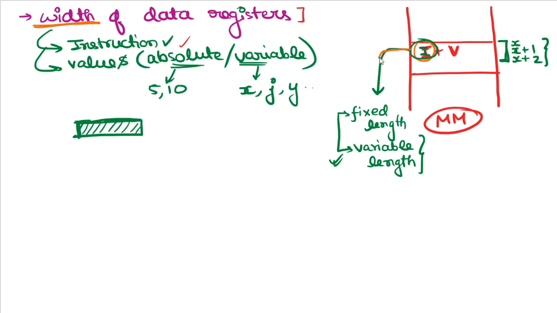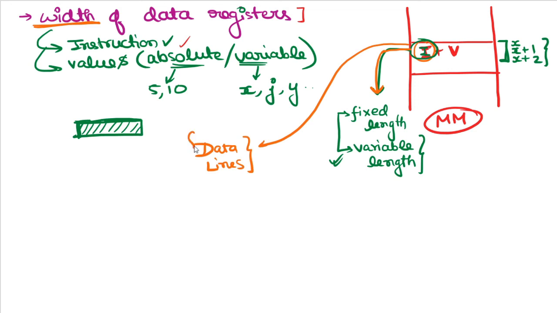We know that we fetch instructions, and while fetching, we get instructions and values both via data lines, right?